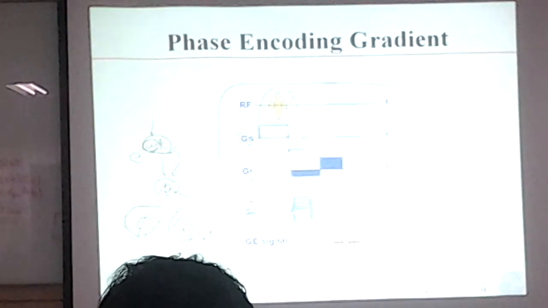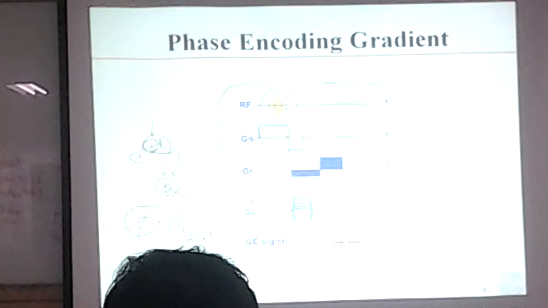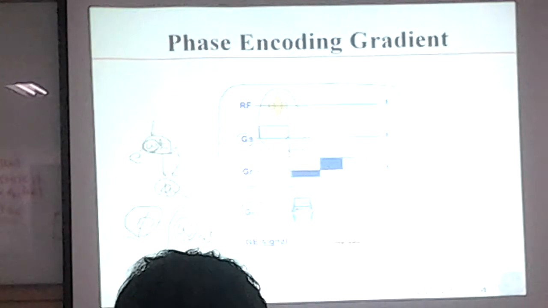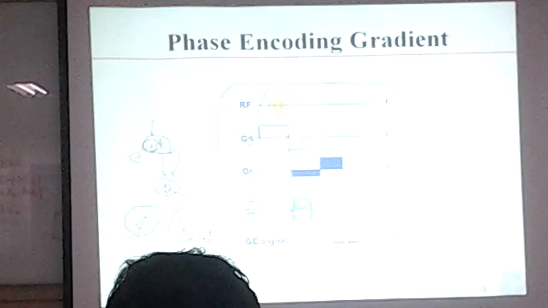And as I said before, phase is the area of the waveform, gradient frequency, precession frequencies. And if the gradient is a constant gradient, then this can be written as gamma G P times position P, right?